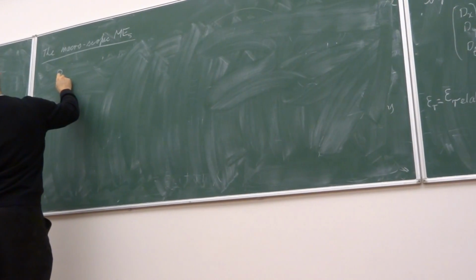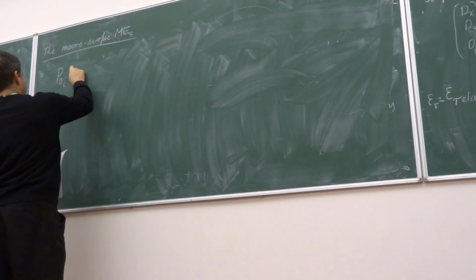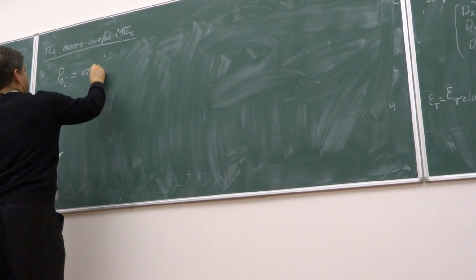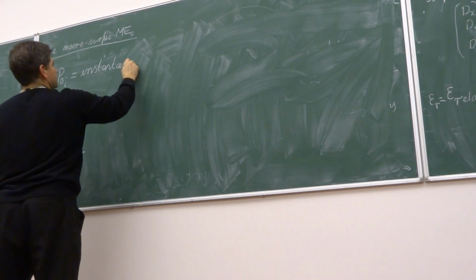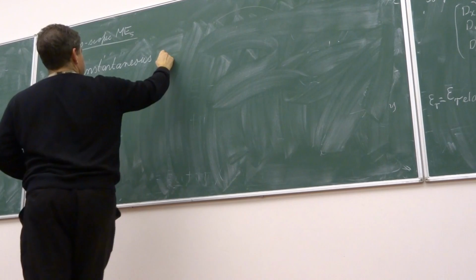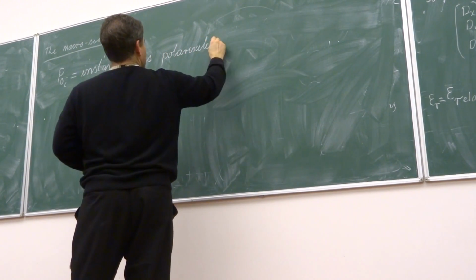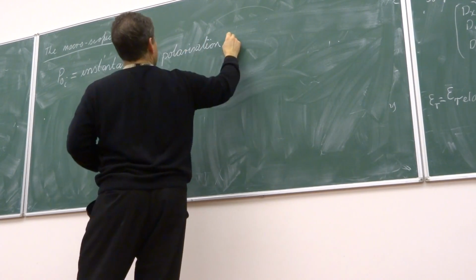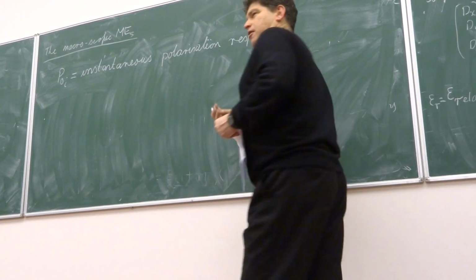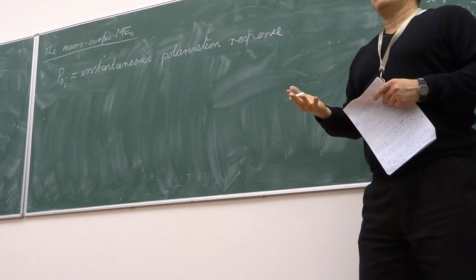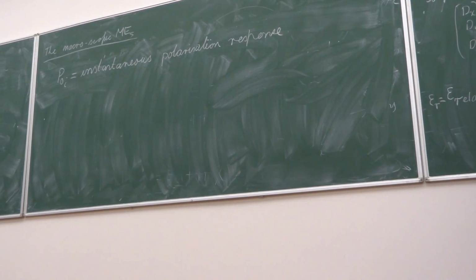So the P subscript naught I is the instantaneous polarization response. That is, some materials already have a polar character to them, even before you do anything to it.